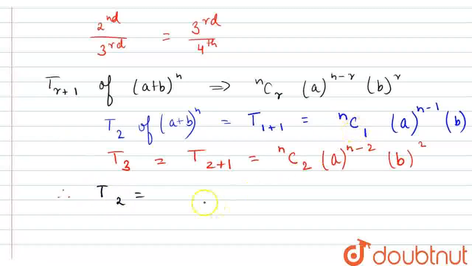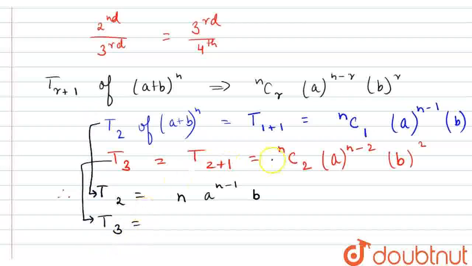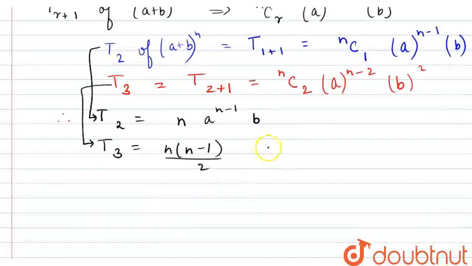T2 is nC1, which is n into a^(n-1) and b, and T3 is nC2, so it will be n(n-1)/2 into a^(n-2) and b^2.